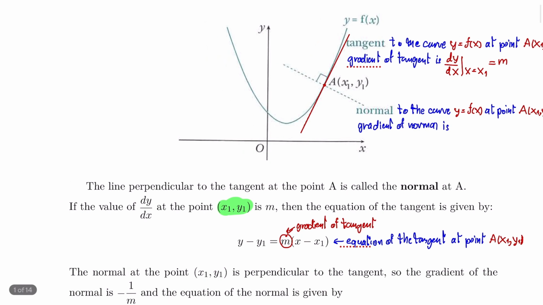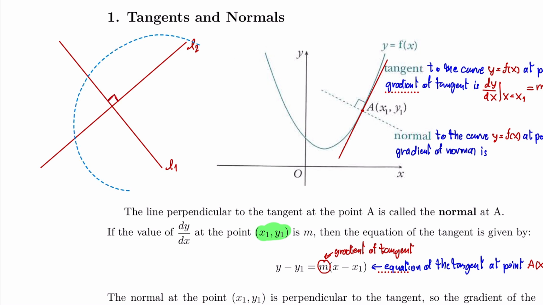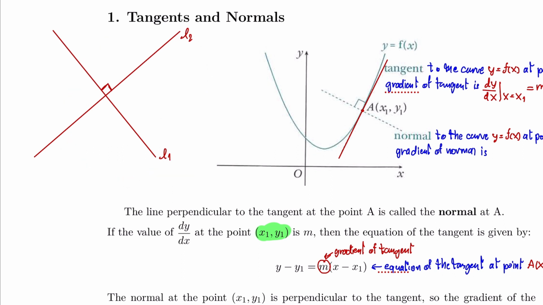So let's review a bit about the gradient of perpendicular lines. Suppose that you have this line, L1, and this line, L2, and suppose that L1 is perpendicular to L2. What does it imply?